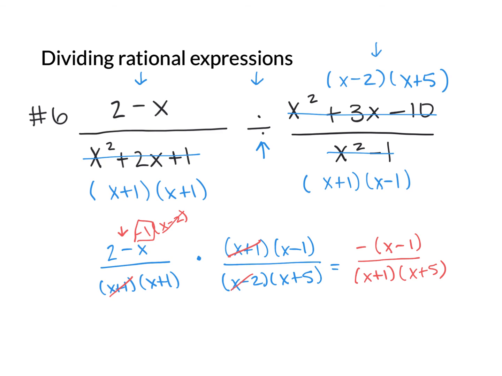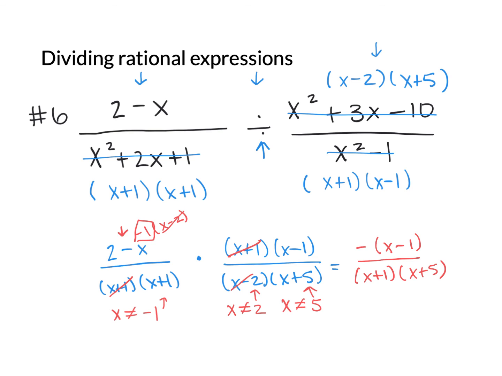All right, and then we just need to talk about our restrictions. We have to set each piece equal to 0. For that reason, we're going to say that x cannot equal negative 1. That comes from here. X cannot equal 2. That comes from here. X cannot equal 5. That comes from here.